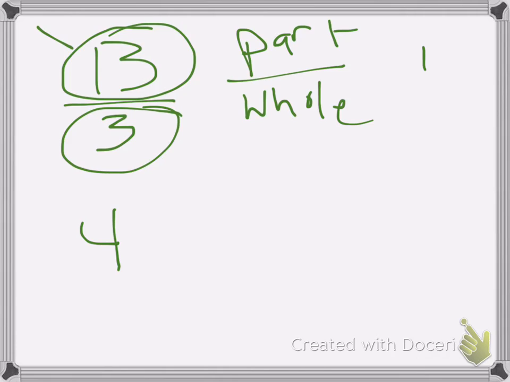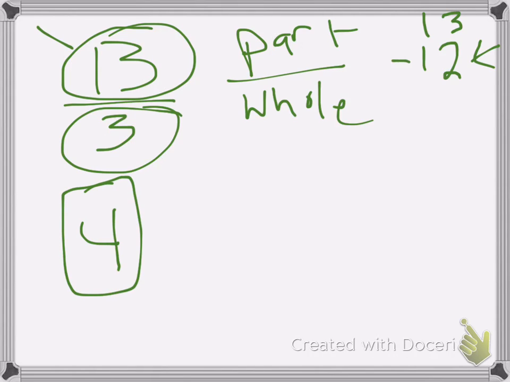So we've got that numerator that's 13, and the 4 wholes were 12, right? So I have to subtract 12, those 4 wholes, from the numerator to make my mixed number. So we've got 4, and we subtract 13 minus 12, and that gives us 1.